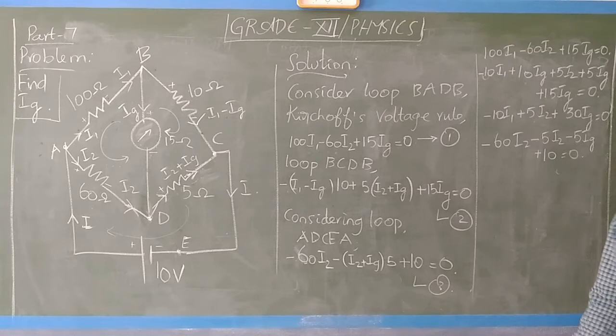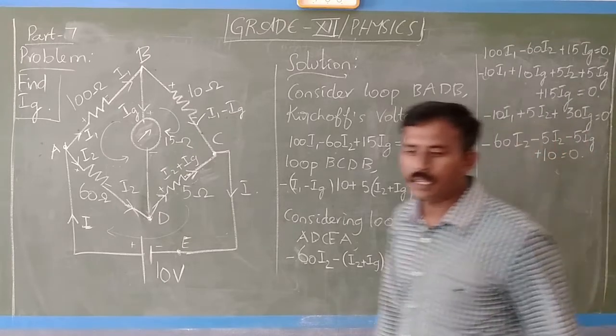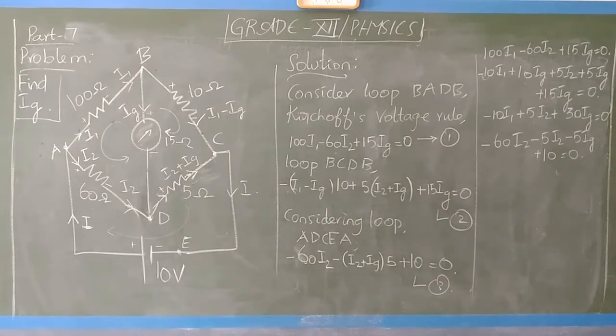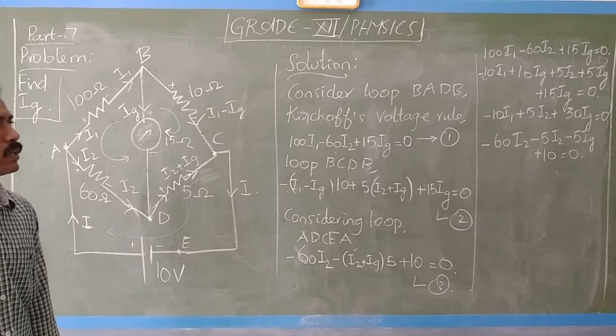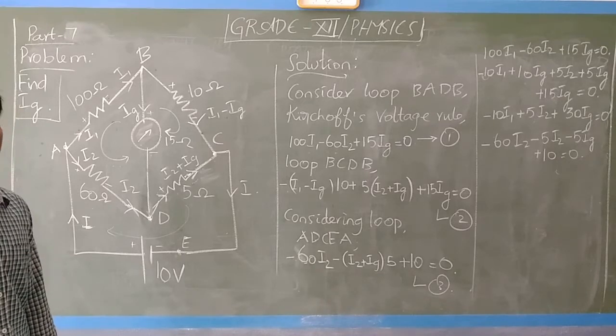So you can use your mathematical ability and solve it. Only if you are familiar with the basic mathematics, you can very easily solve. That means we do have the matrix method. You would have learned the matrix method in your mathematics. You can use that and find the answers.